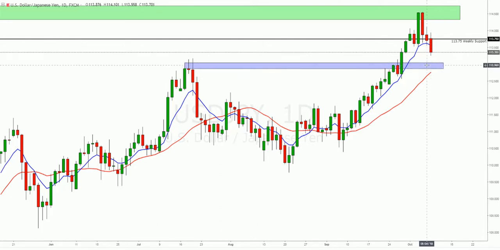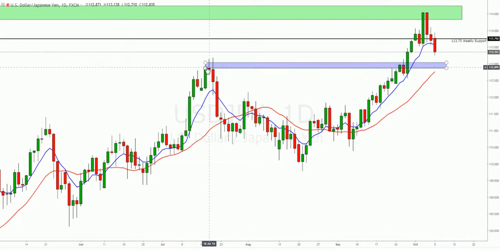as daily support. You can see if we look back here to mid-July, when price was using this level as resistance, it tapped that level, spiked through, and then mounted from there. So now we're touching it from the upside. It's likely to provide a good level of support, which will line up nicely with the test of the simple moving average.